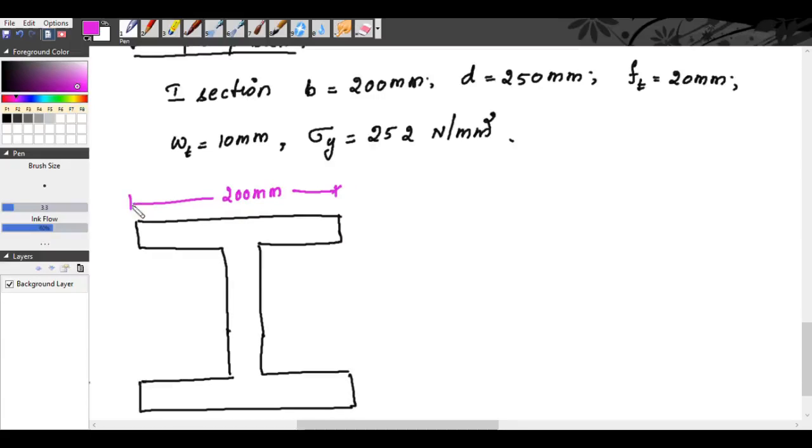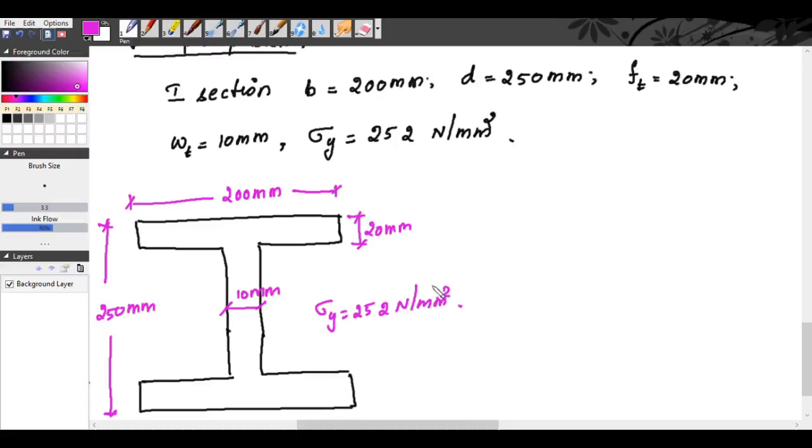The depth of the I section is 250 mm. Thickness of the flange is 20 mm, so this thickness is 20 mm. Thickness of the web is 10 mm, so this is 10 mm. Sigma y is given as 252 Newton per mm square. We are asked to find the shape factor.